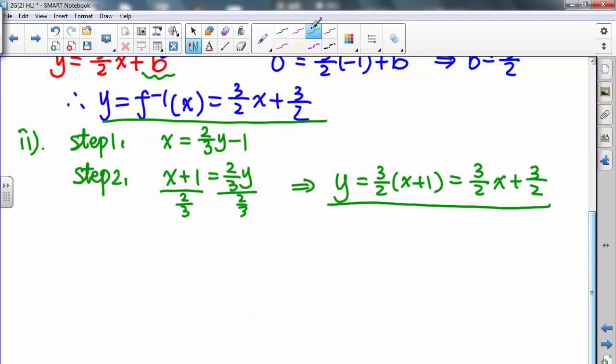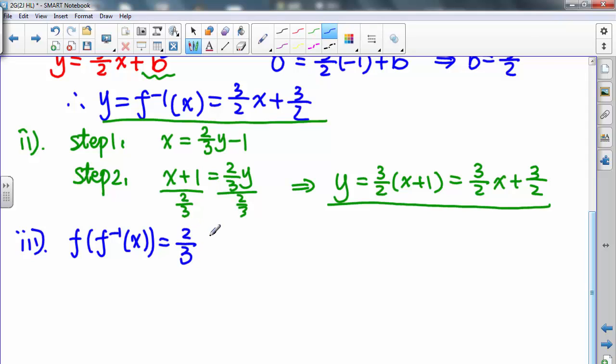Okay, question number 3. Asks you to check that f of f inverse of x is x, and f inverse of f of x is x. So here we will use this example to confirm this conclusion again. Let's look at the first one. F of f inverse x. We plug the inverse into the original function.